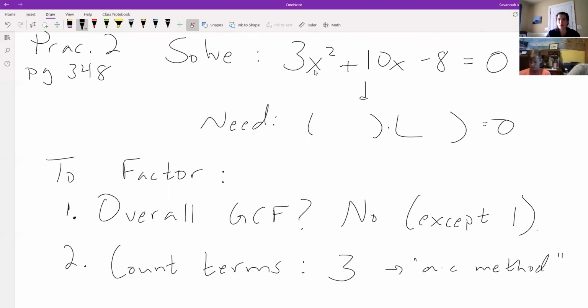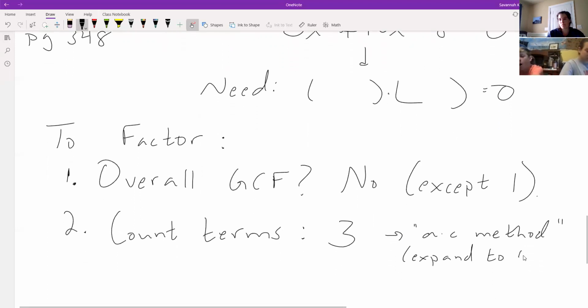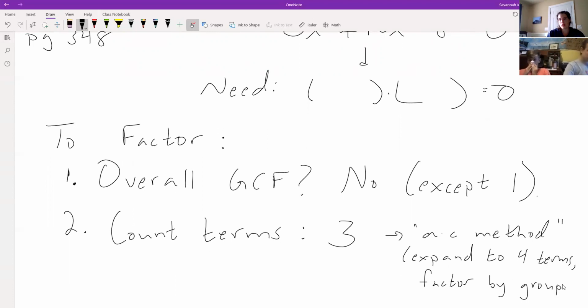We want to take our 3 terms and expand them out into 4 terms and then apply factor by grouping. So I'll add that to today's notes as well. Factor by grouping.